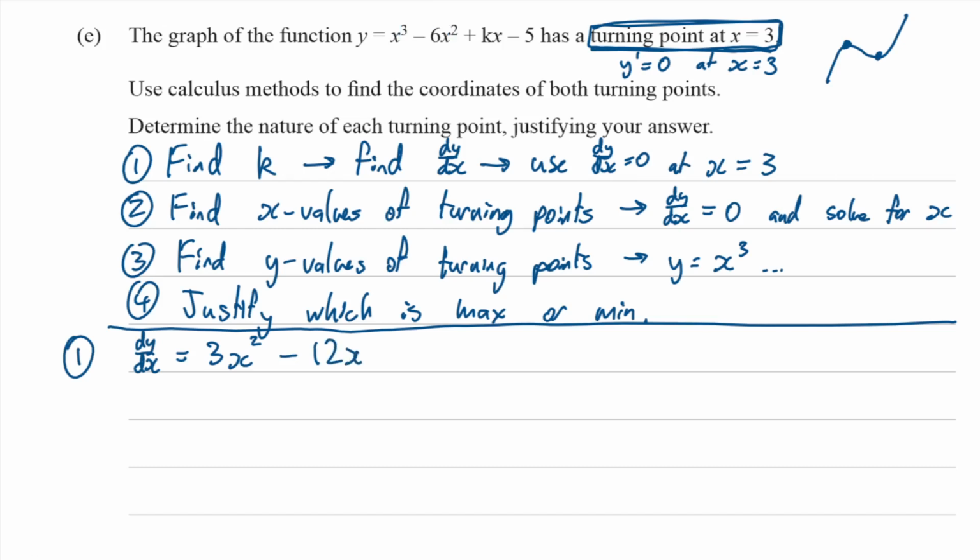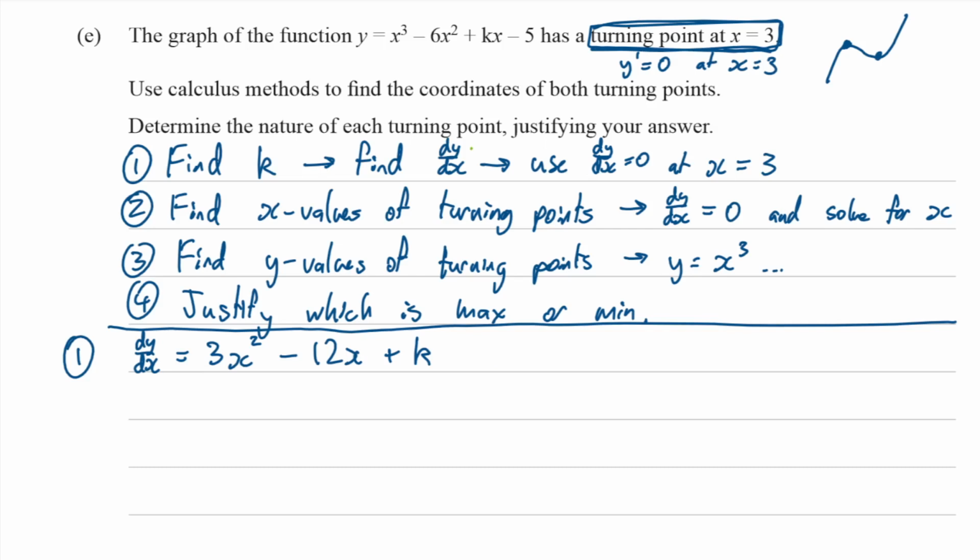Subtract 1 from the power gives us x to the power of 1, plus kx. So the derivative of any constant times x is that constant, or in this case the constant is k. The derivative of minus 5, the derivative of a constant is 0. So we don't need to write that.